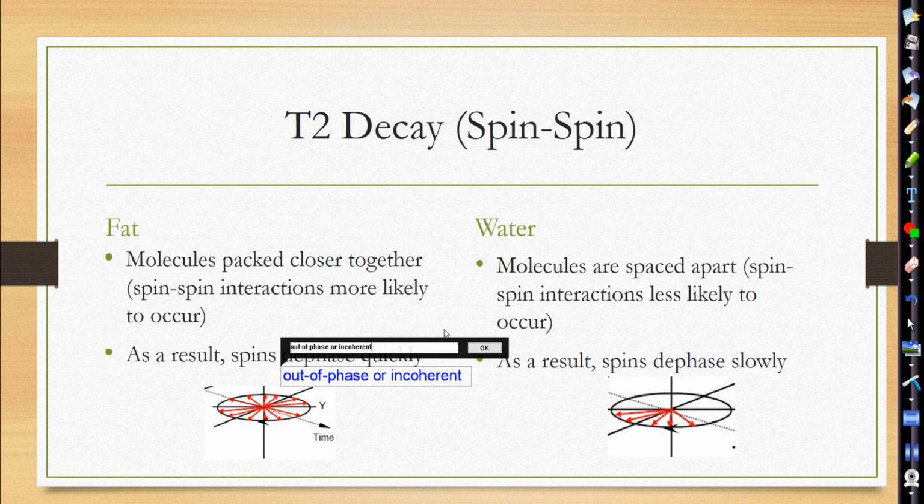So that's what it means to dephase or go out of phase, or those spins are incoherent. All mean the same thing. So fat, since the molecules are closer together, giving off energy, dephases a lot faster than water. So you can see here, over the same amount of time, those spins have completely gotten out of phase with each other, and then these spins have gotten out of phase, but not as quickly as fat. So water dephases slower than fat.